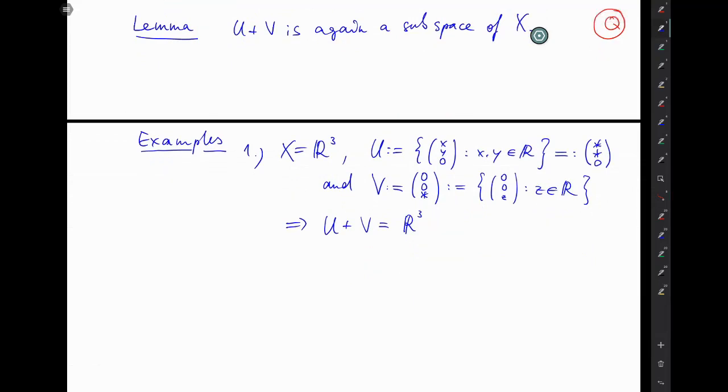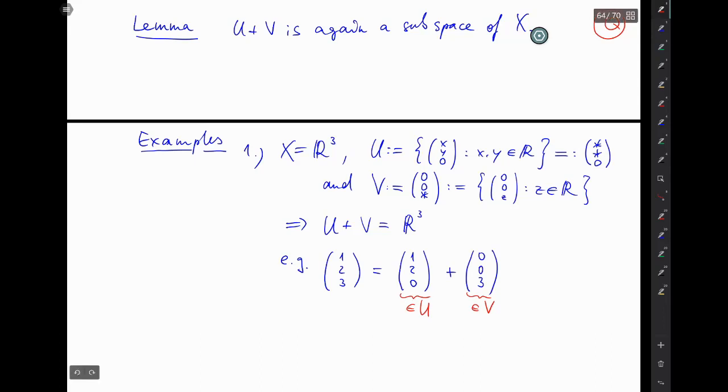Well, let's give an example. The vector 1, 2, 3 can be written as an element from U plus an element from V. And it's also easy to see that this is the only way you can write this vector 1, 2, 3 as a sum of an element from U and an element from V. So there's no choice here.